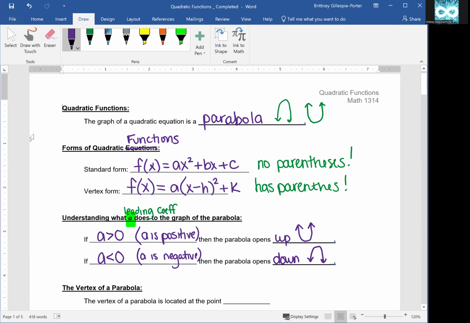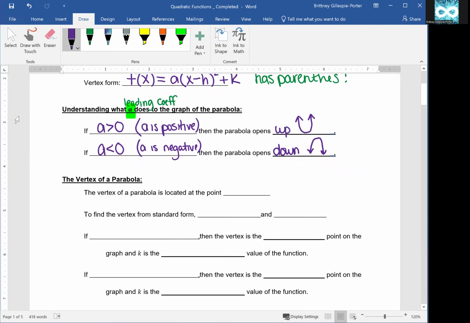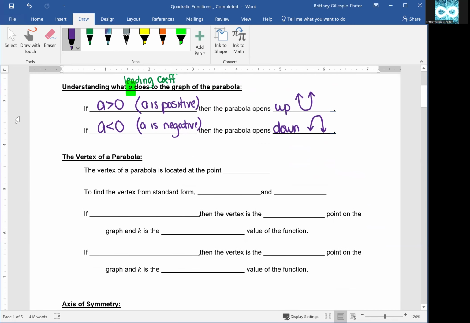And the behavior of A is going to adjust or affect our vertex. Our vertex of the parabola is located at the point (h, k). If you want to find the vertex from standard form, h is equal to negative b all over 2a.